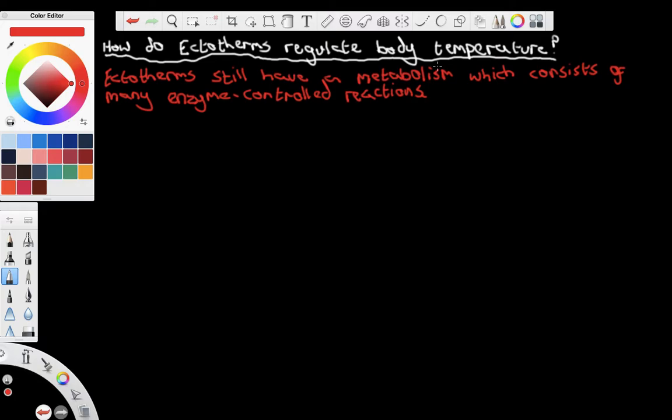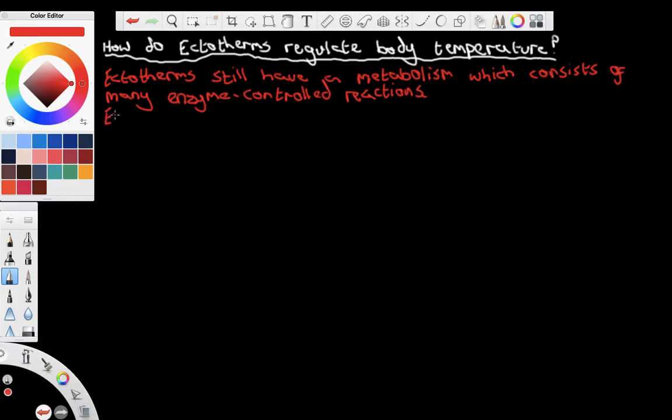At the same time, there's no such thing as an organism that you can put in the oven, heat up really, really hot, and then bring out, and once it cools down a bit, it'll be fine. It doesn't work like that. The enzymes would still denature. So ectotherms still have to keep their body temperature within set limits so that enzymes do not denature.